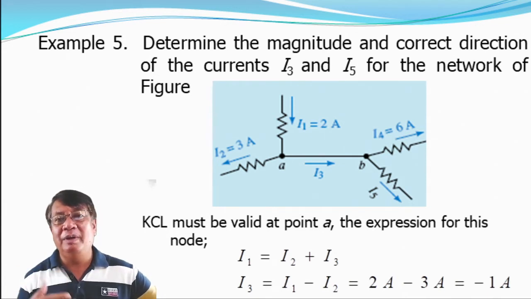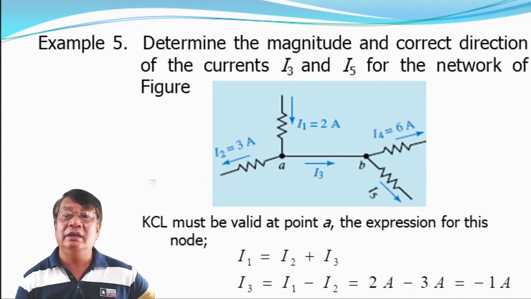Do not be problematic about this negative 1 ampere, because it is just a matter of the direction of the current. As we assumed that I sub 3 is from node A to B, since it is negative 1, just reverse the direction. The actual flow of I sub 3 is not from A to B, but from B to A.